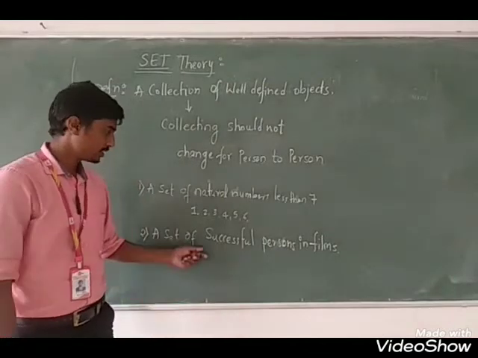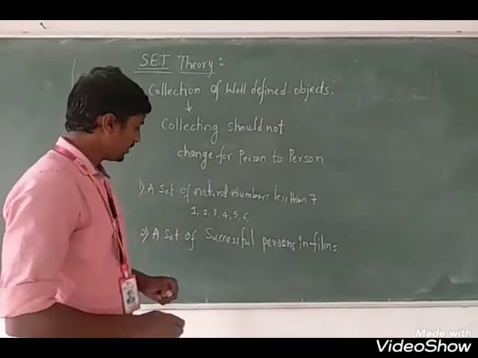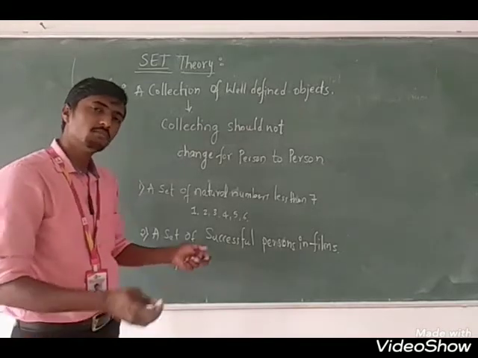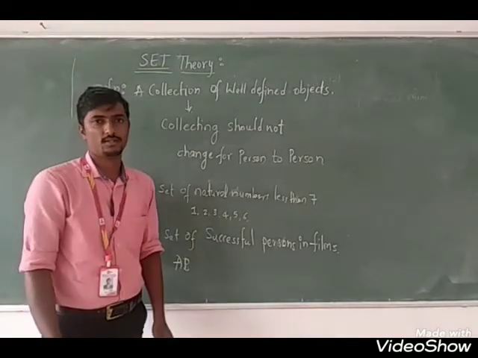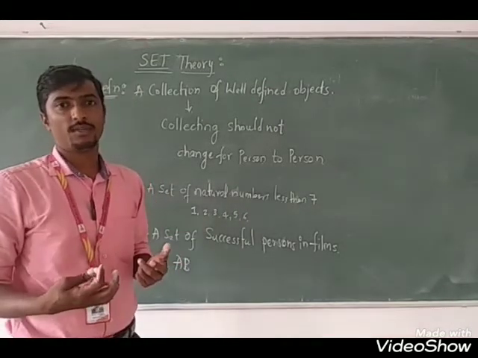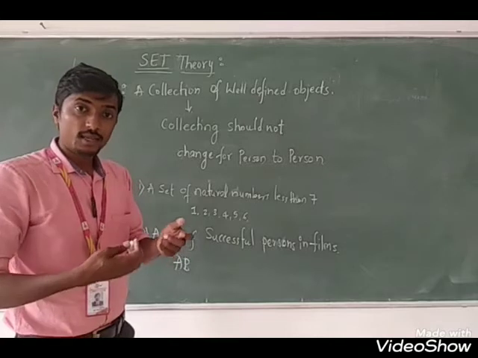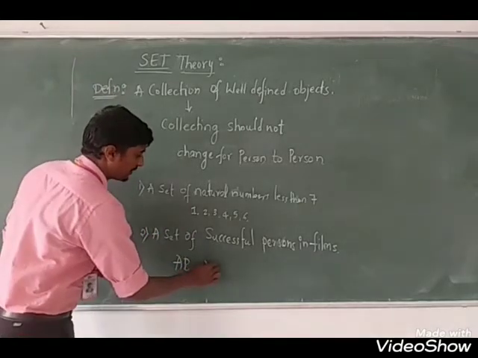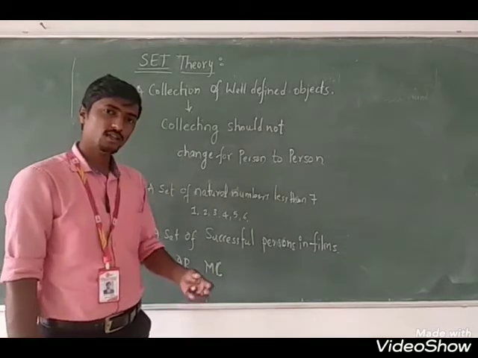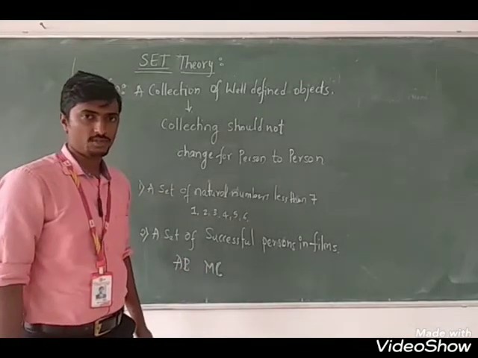I will say that Amitabh Bachchan is the most successful person in the film industry. It is my point of view, not yours. You say, sir, he is not the most successful person. There is another person, for example, Mithun Chakravarti, who is more successful than Amitabh Bachchan.